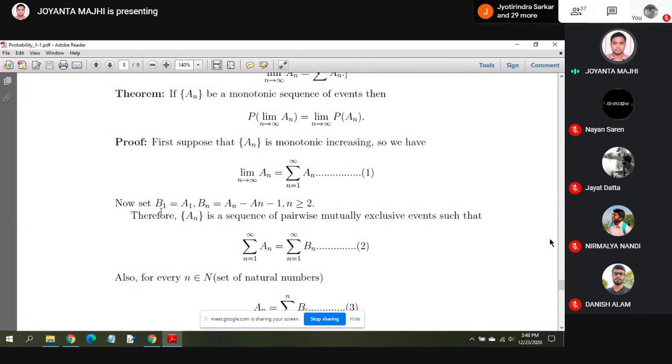We cannot apply this on the ai because the ai are not mutually exclusive. To apply the third axiom of probability, we construct the events bi in such a way that the bi are all mutually exclusive.